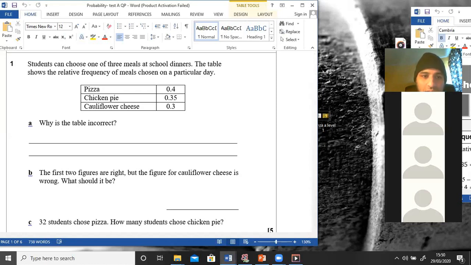Which one? Number or C. Okay. If 32 students chose pizza, how many chose chicken pie? It's about ratios.